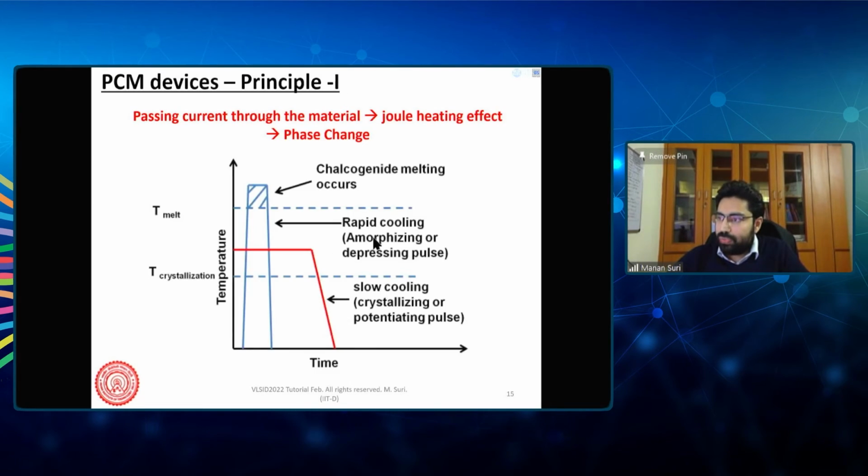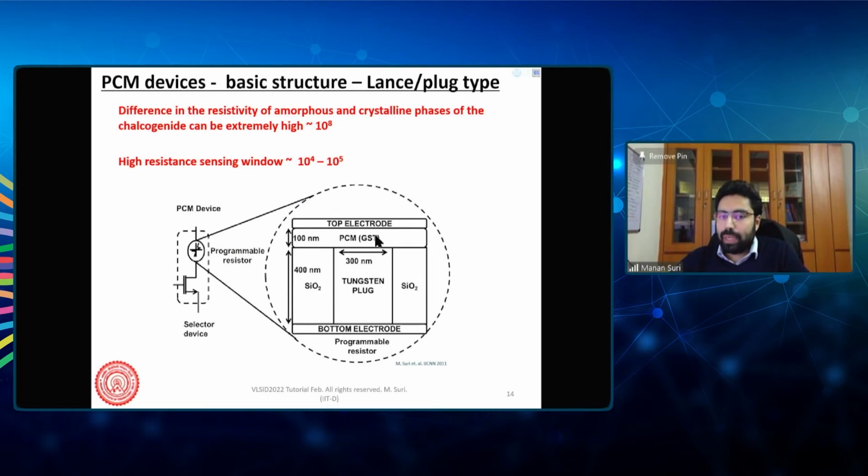I'll just use this figure to make it more clear. When the device is in the crystalline state, if you look inwards at this PCM layer from either the top electrode or the bottom electrode, and make a circuit diagram of all these elements, it would look like a resistor with low resistance.